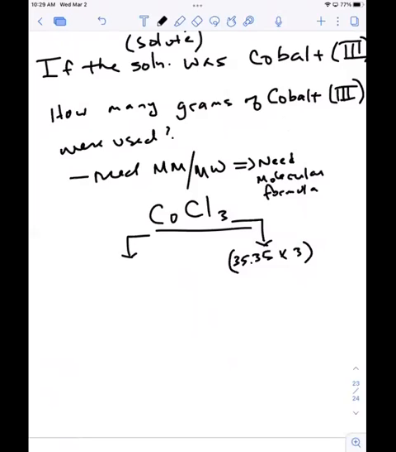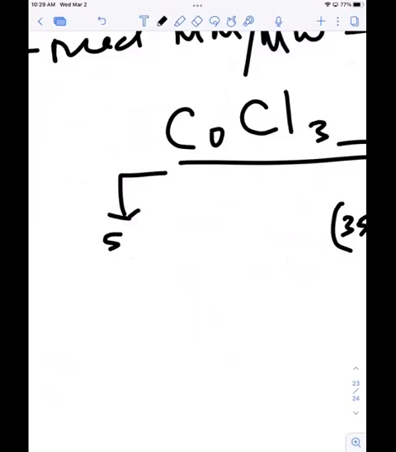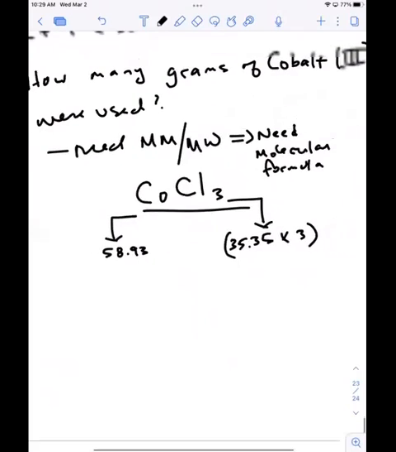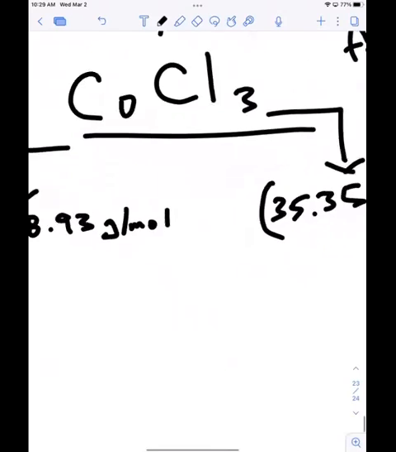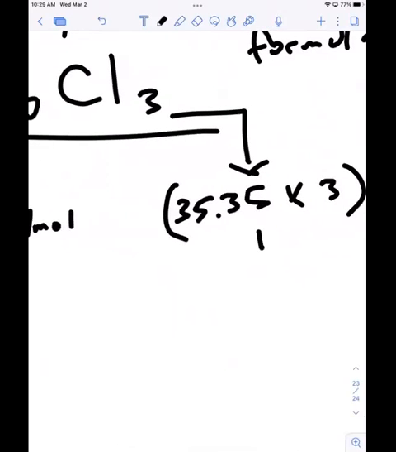I got 58.93. And remember, what's listed on the periodic table is AMU, but you know that AMU and grams per mole are interchangeable. So we're going to put in here grams per mole, and we're going to put here whatever we get from this in grams per mole.